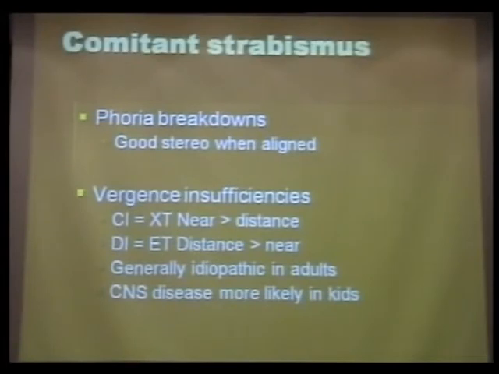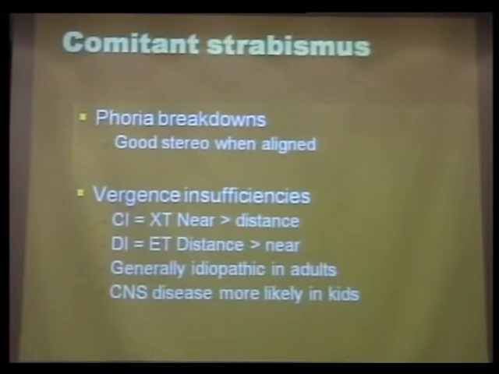Another common cause of comitant strabismus is vergence insufficiencies, and by definition, convergence insufficiency is an exodeviation greater at near, and divergence insufficiency, an esodeviation greater at distance. In adults, almost all the time, these are idiopathic and may be associated with age-related loss of fusion amplitudes. But if it's a kid, you do have to think more about CNS disease.